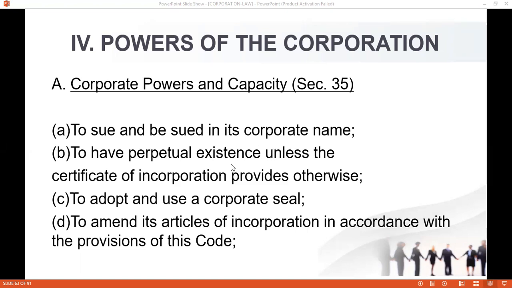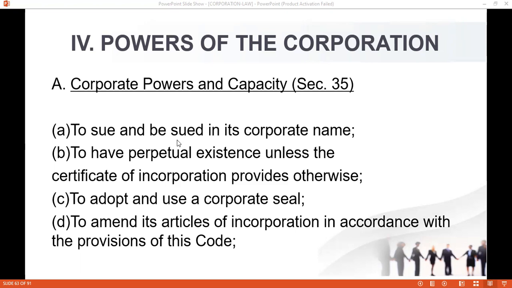Ano yung implied dito? The corporation will authorize someone to represent the corporation on its behalf para ma-exercise itong power to sue. Wala namang nakalagay dito na expressly provided that the corporation can authorize someone to file a case on behalf of the corporation para makasue siya, pero importante siya to the exercise of the express power. Therefore, implied power siya. Okay?